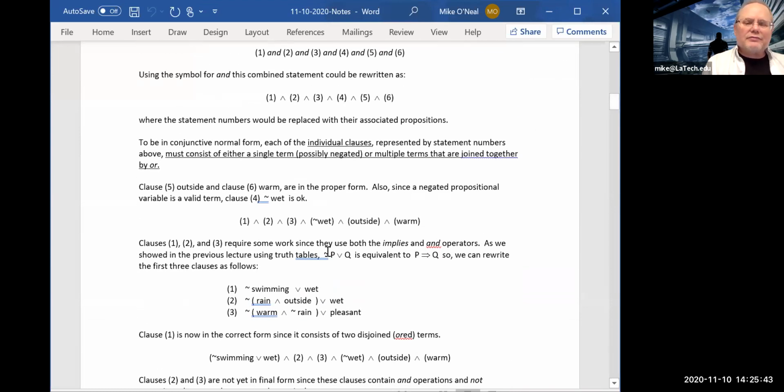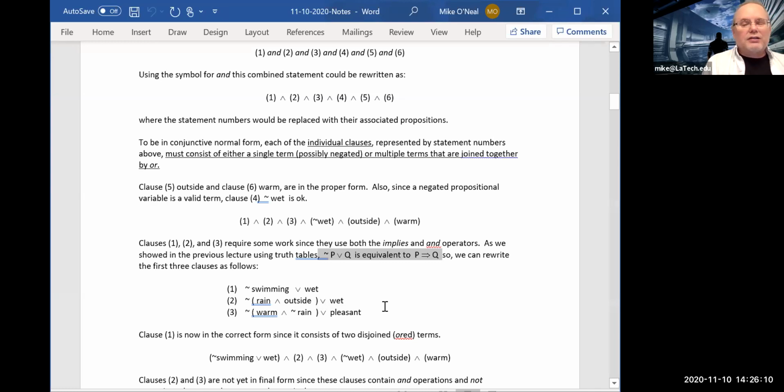So because of that, I rewrite it right there. Not P or Q is equivalent to P implies Q. So we can rewrite swimming implies wet as not swimming or wet. And we can rewrite rain and outside together imply wet as not rain and outside or wet.